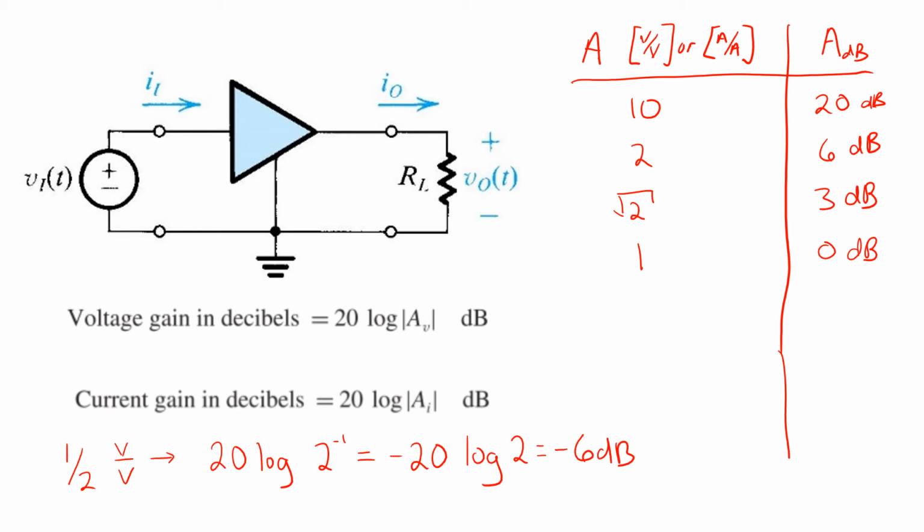So a half is negative 6 dB, and similarly a tenth is negative 20 dB, and a gain of 1 over root 2 is negative 3 dB. These can be useful facts to keep in mind as well.